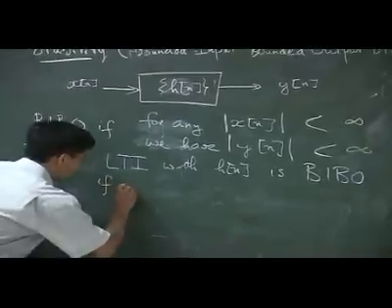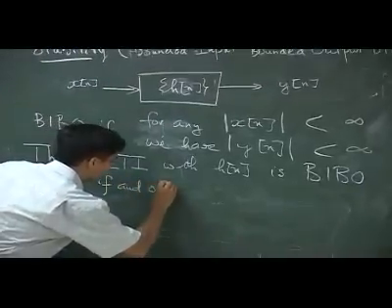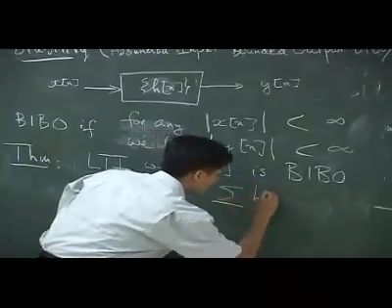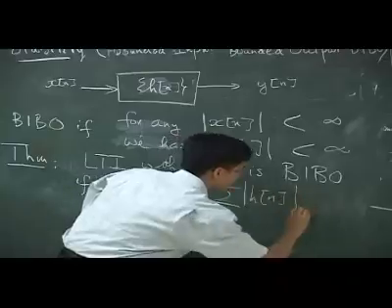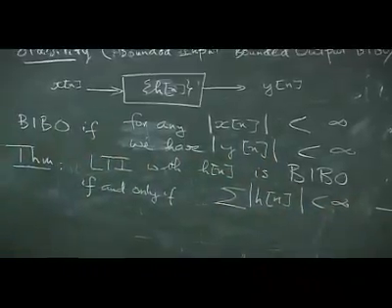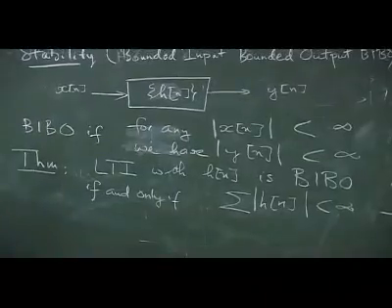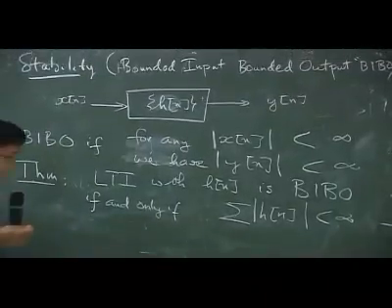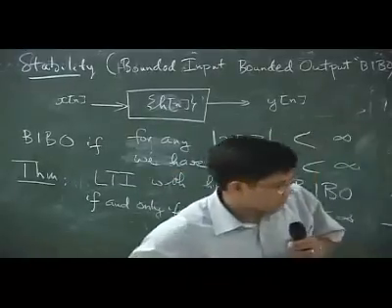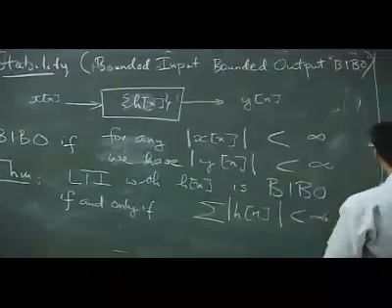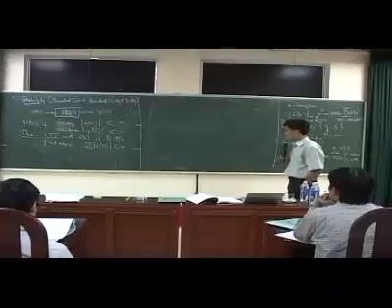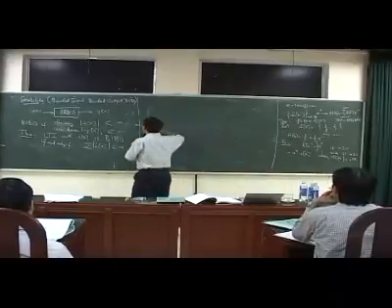If and only if the summation of the magnitude of h[n] is less than infinity. Something I showed you earlier on, but now maybe we need to show that. Okay? Alright. So that is talking about these systems here. So we need to prove this. Okay.